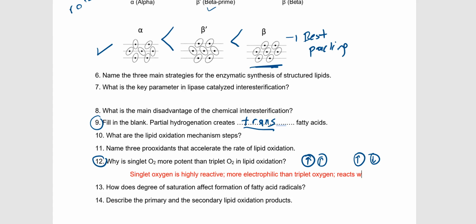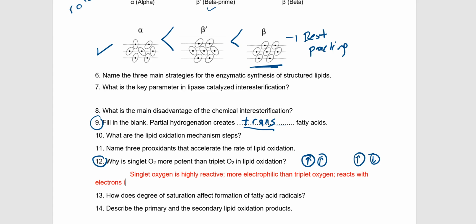So it reacts with electrons in double bonds. I will say easily. Okay, that's why it's more potent than triplet oxygen in lipid oxidation. It can easily abstract hydrogen from double bonds. Okay, let's see the last two questions.